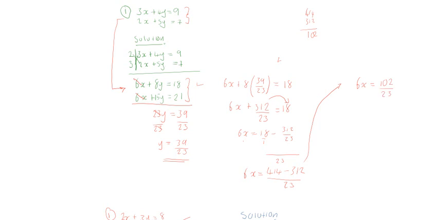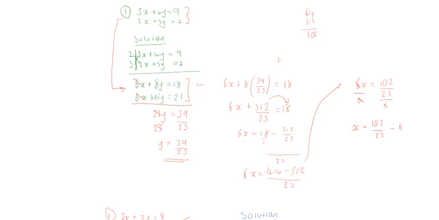Then at this stage, I'm going to divide both sides by 6. Then x will be, remember we have two fractions here. The original one is 102 over 23, and this can be written as this.